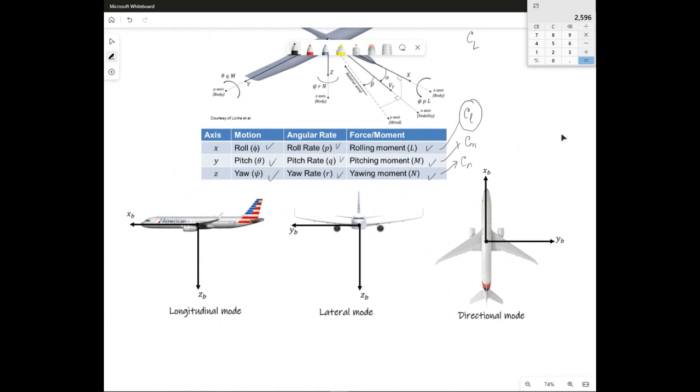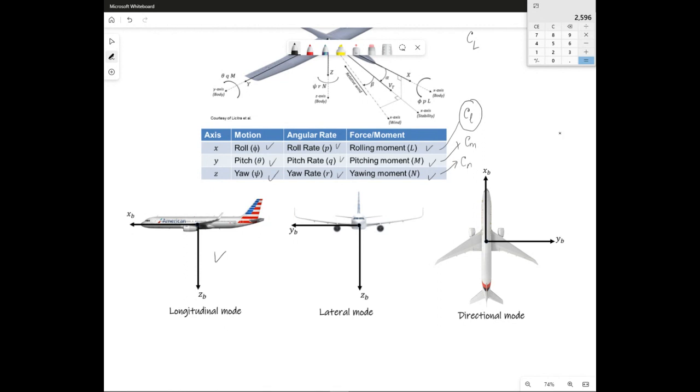Now, if you look at it from the side like this, and you want to look into the stability in its longitudinal motion or longitudinal mode, then you only look at the aircraft from the side.